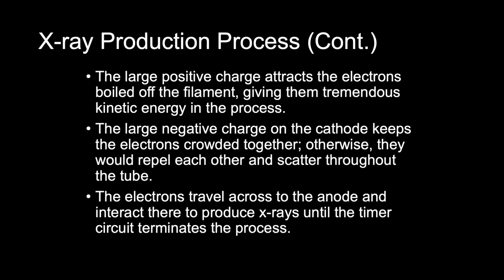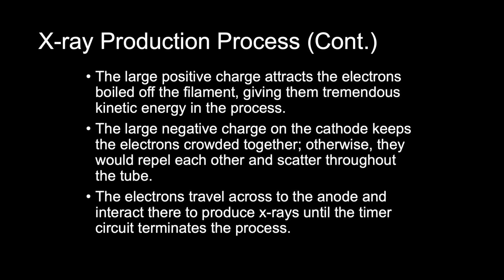The large positive charge attracts the electrons boiled off of the filament, giving them tremendous kinetic energy in the process. Remember, opposites attract. And in the short 1 to 3 centimeter gap between the cathode and anode, the electrons from the filament reach speeds of about one-half the speed of light.